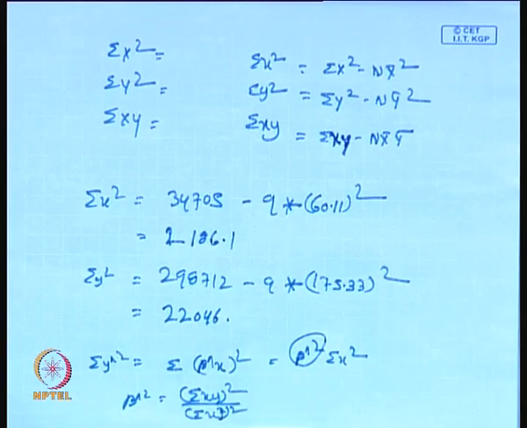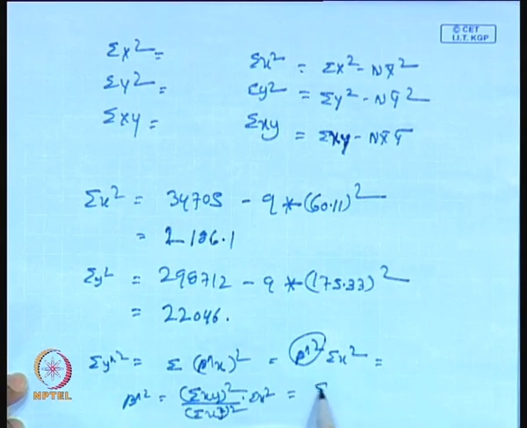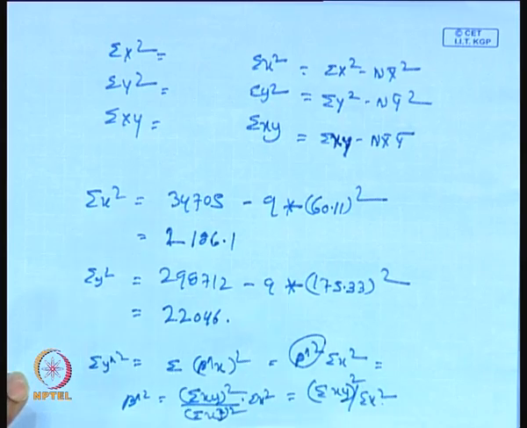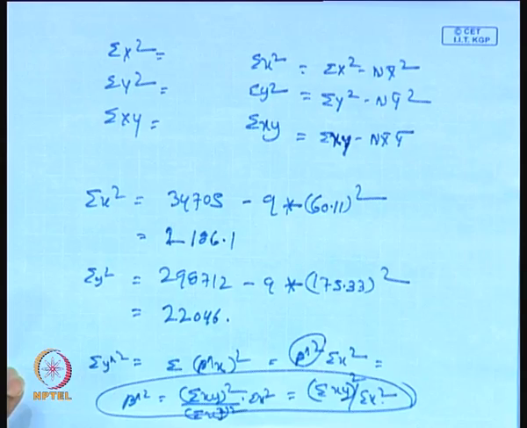Altogether, summation y hat square is beta hat square into summation x square, which comes to summation x y whole square by summation x square. So this is beta hat square or summation y hat square.